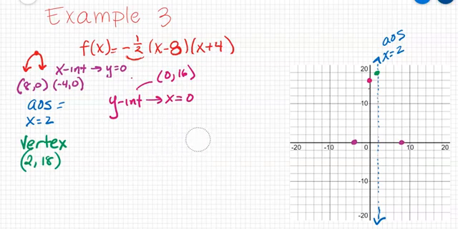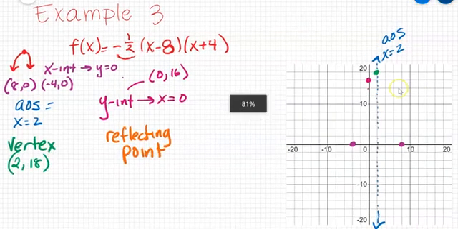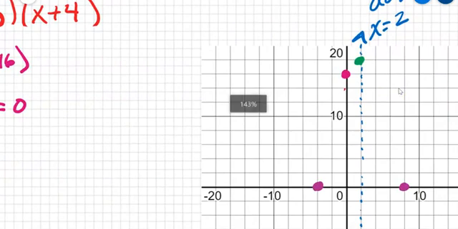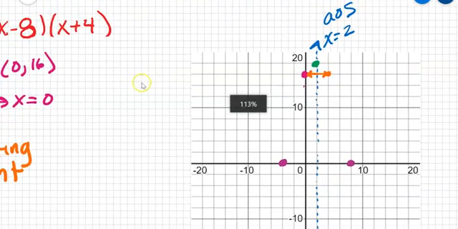And last but not least, let's find that reflecting point, which should be pretty simple here. If we zoom in, we can see that our y-intercept is 2 units from the axis of symmetry. So we will be plotting our reflecting point 2 units or 1 grid mark to the right.